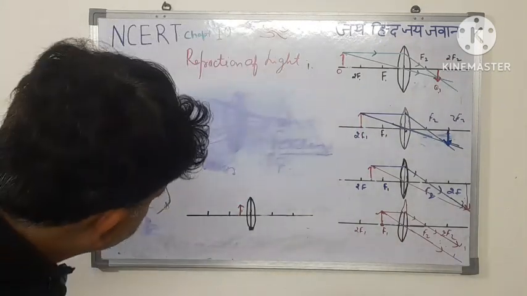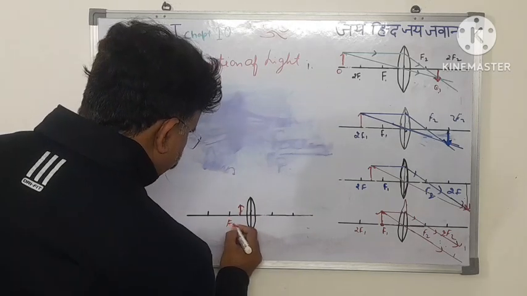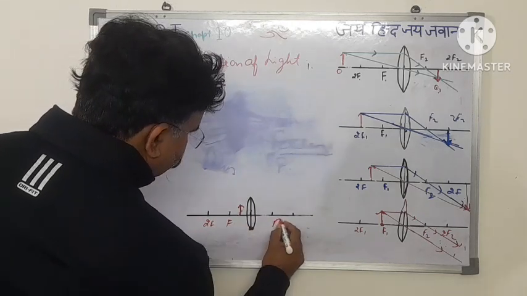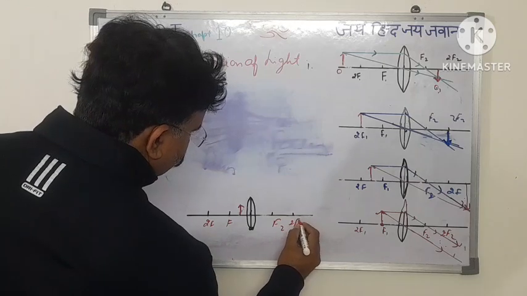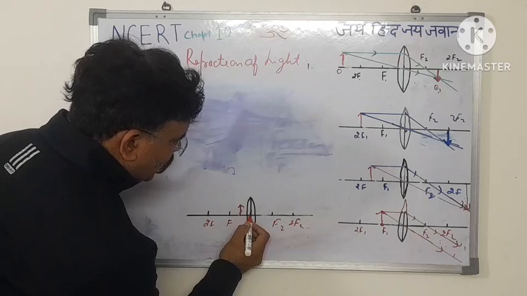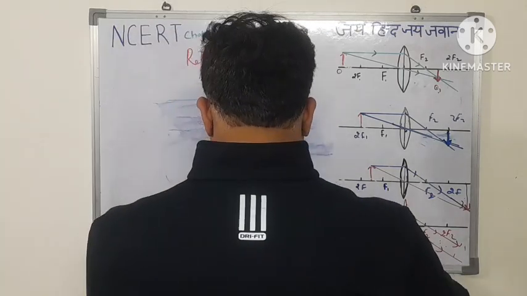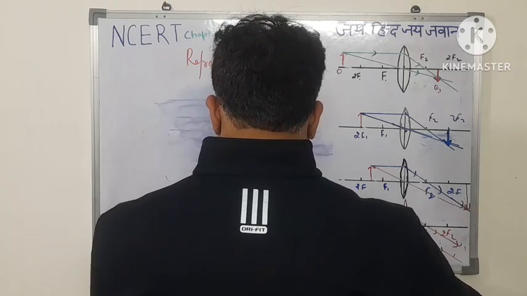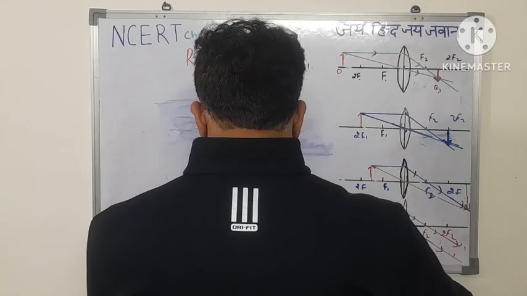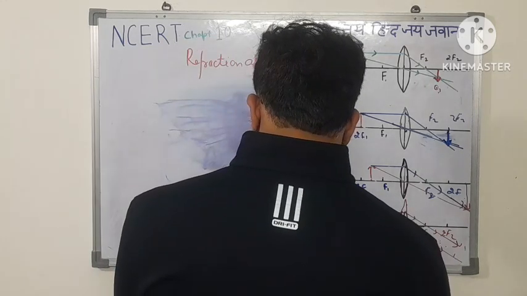There is another case. This is the focus, this is the 2F. The object is kept between the focus and the lens. What is happening? In this case also, the ray will pass through the focus point only.